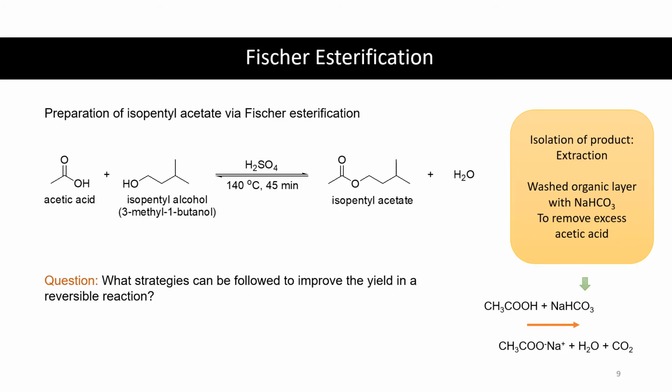Our next lab was Fischer esterification, where we prepared isopentyl acetate through the Fischer esterification method. This is when we react a carboxylic acid with an alcohol in the presence of a strong acid catalyst like sulfuric acid.